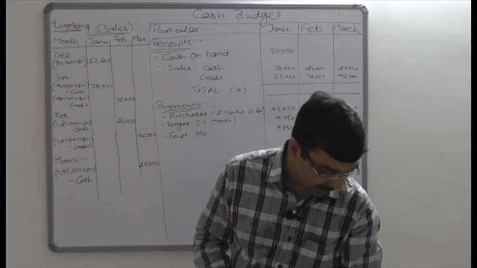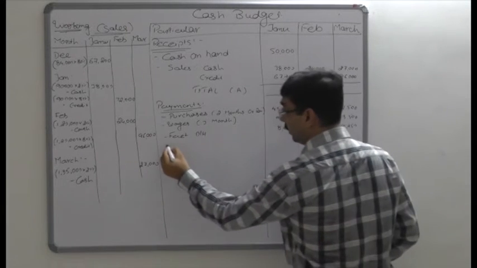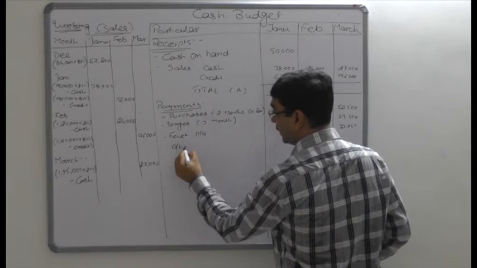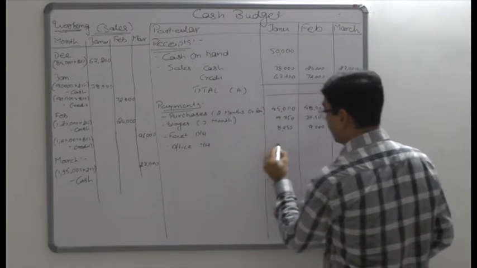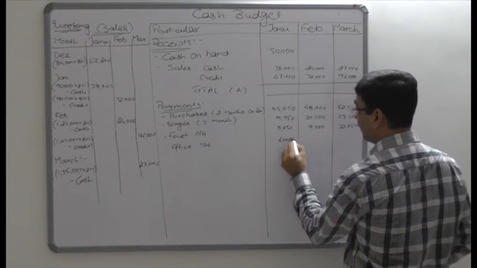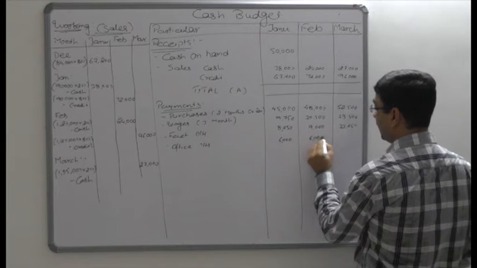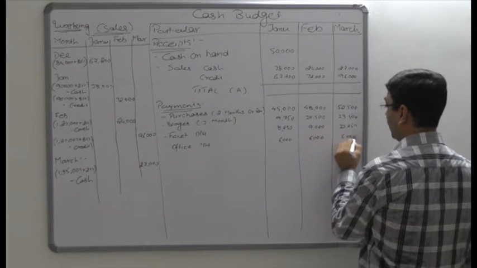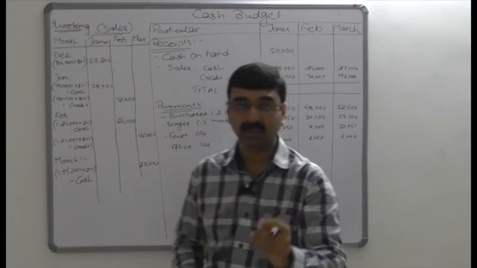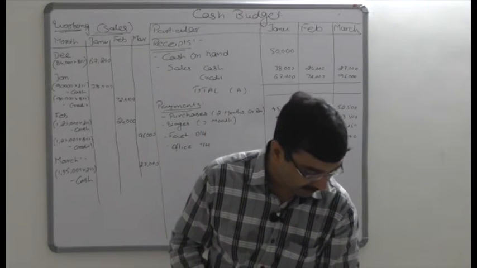Now see the office expenses. Office expenses incurred 6,000 rupees in the month of December, January 6,000, and February is also 6,000. So in all three months we have the same amount of office expenses.